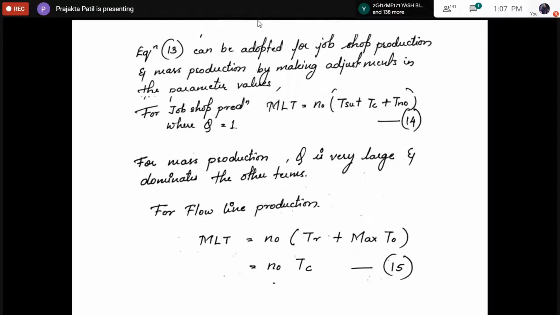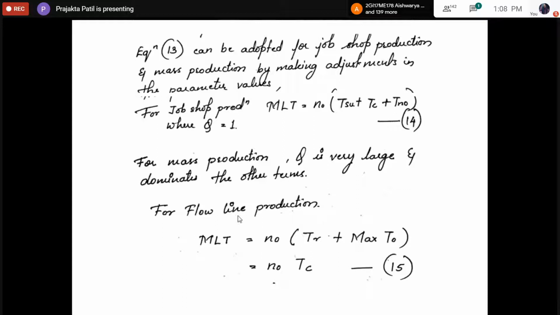All of the calculation you do now will be based on the operation which is taking the longest time, and that will be setting the pace for all other stations. So we do not consider the time of the lathe or the drilling machine, rather we consider the operation which is taking the maximum time. Therefore you have here max T naught.